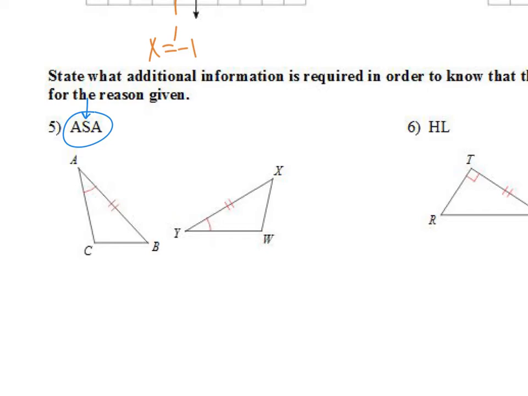Based on the markings on the diagram, we already have an angle up at angle A, then we have a side right here, so the next angle would have to be that angle. In the other triangle, we have angle Y given, then a side, so the next angle to make XY be the included side would need to be angle X. So the additional information needed is that angle B must be congruent to angle X.